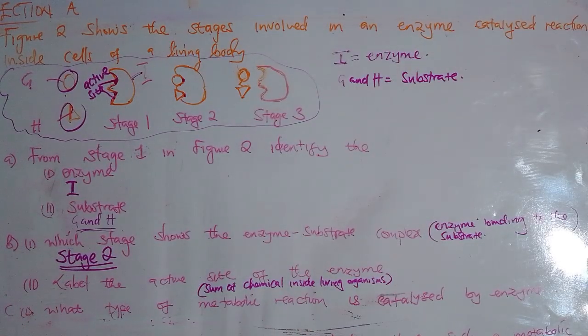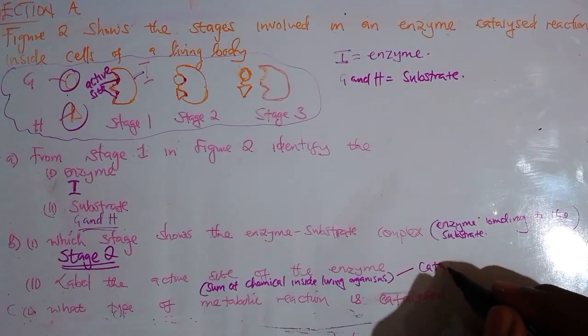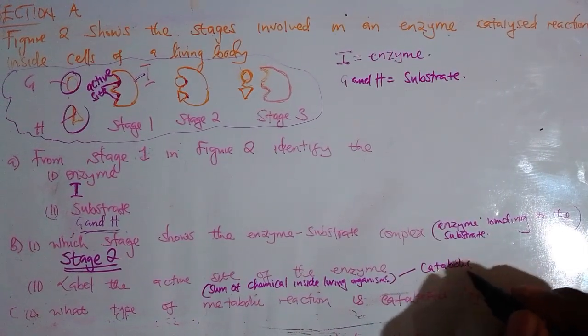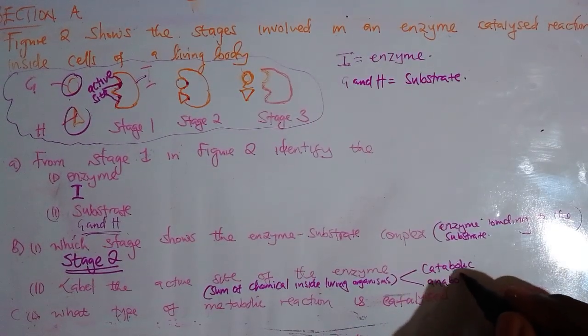So meaning we only have two types of chemical reaction. The first one is catabolic. Then the second one is anabolic.